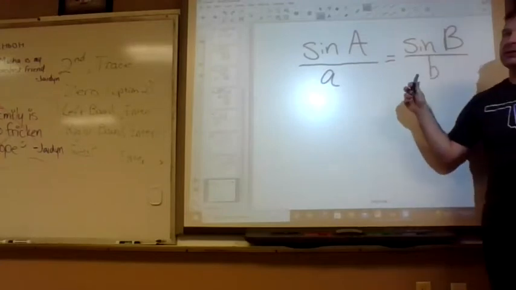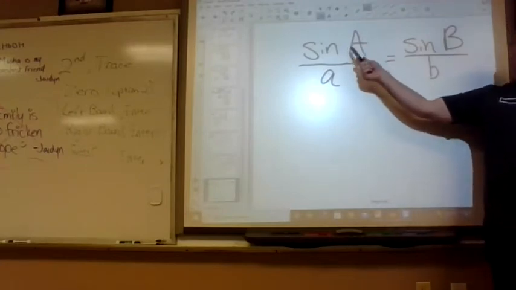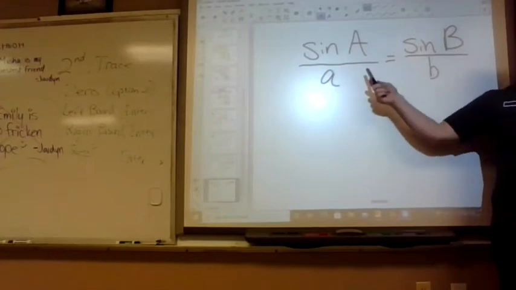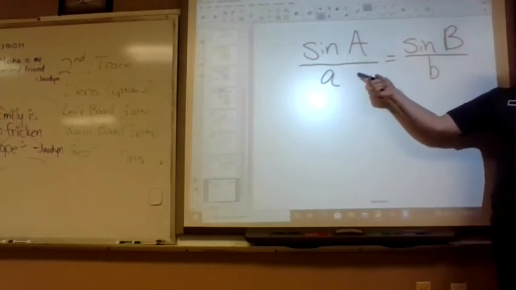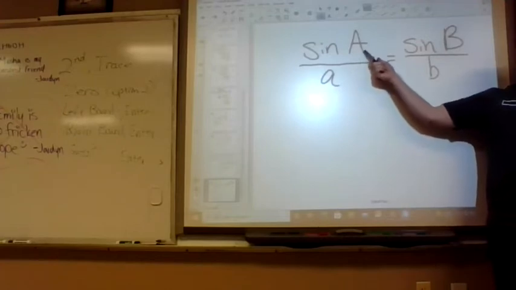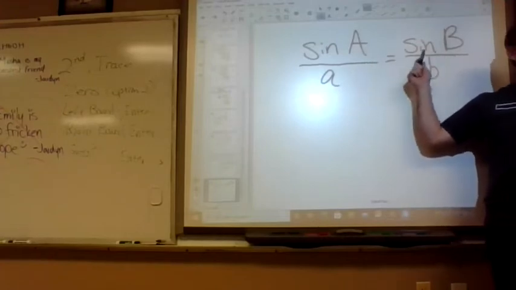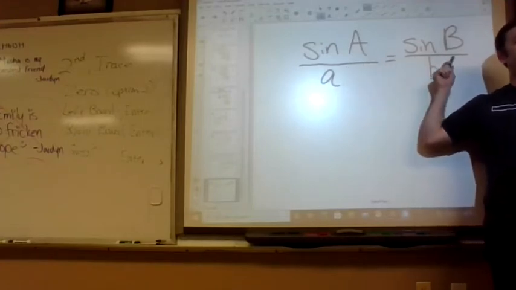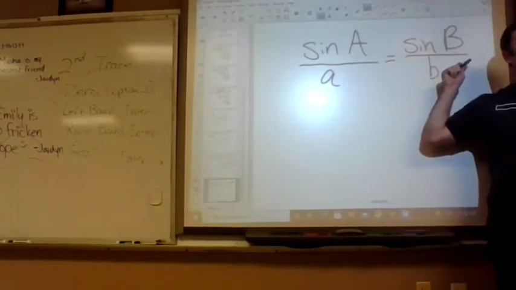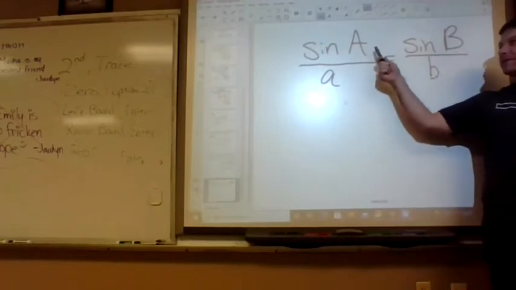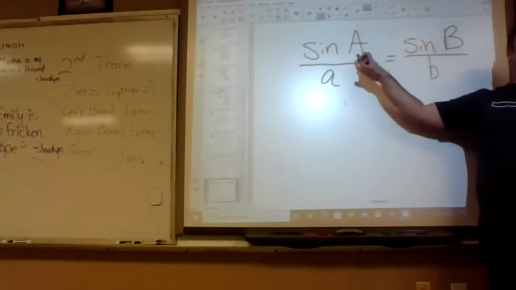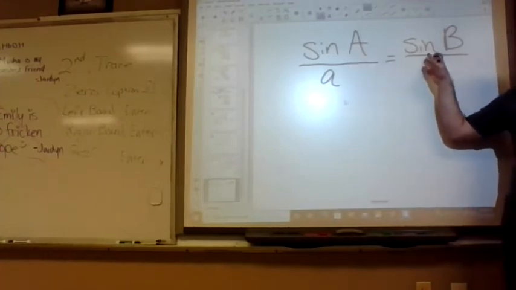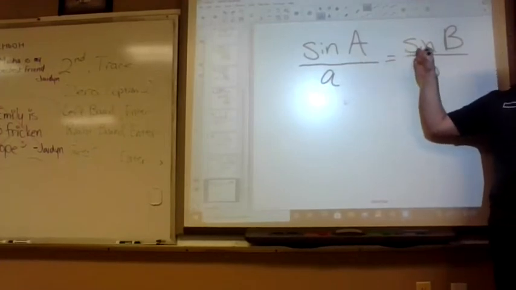So, if you have 3 of these variables, you can find the missing one, basically. You guys remember how to solve an equation with 2 equal ratios or 2 equal fractions? How do we solve a equation with 2 equal fractions or 2 equal ratios?